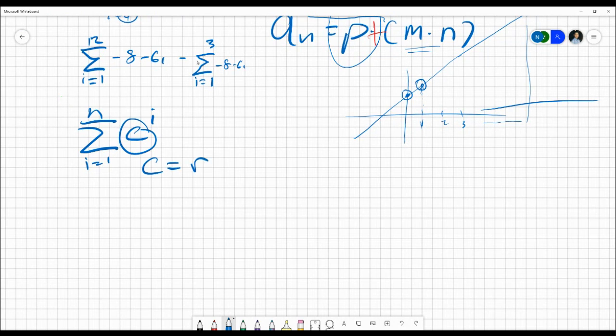Yeah, because you have the general form a1 r to the n minus 1. This is exactly the same form, where you can rewrite this as c times c to the i minus 1. C is your r value. They just use a different letter.